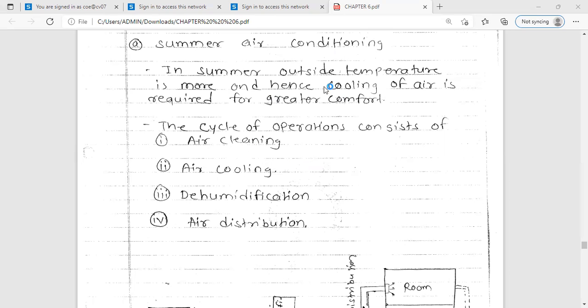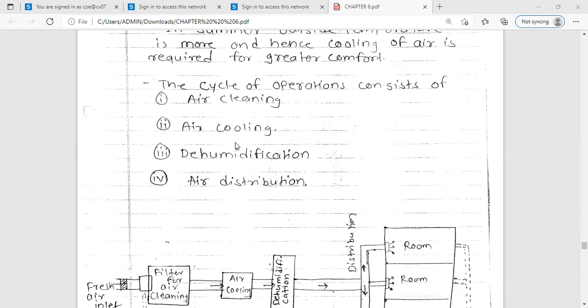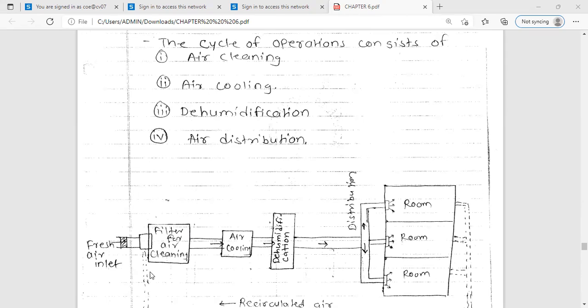operational cycle is there is like this: air cleaning, air cooling, dehumidification, air distribution. You can see here: air cleaning, air cooling, dehumidification, and air distribution.